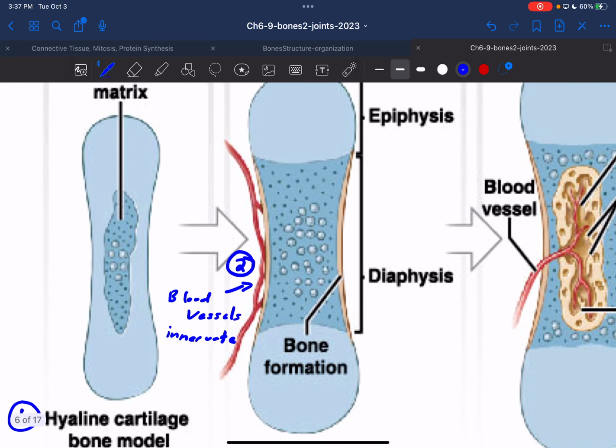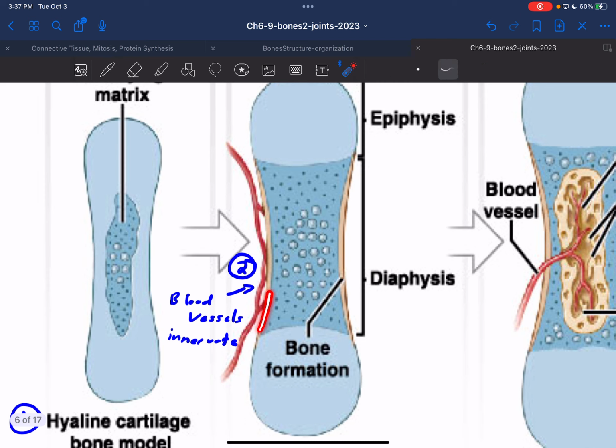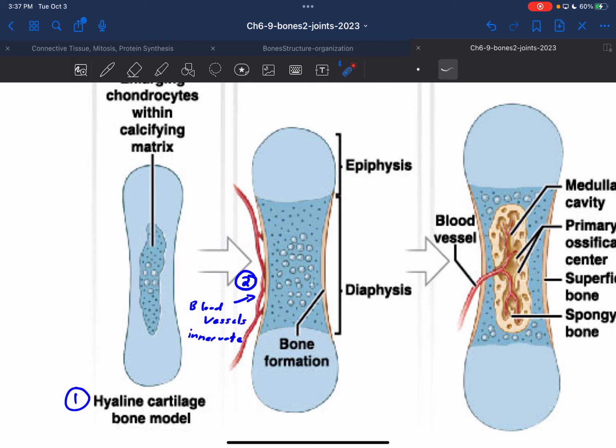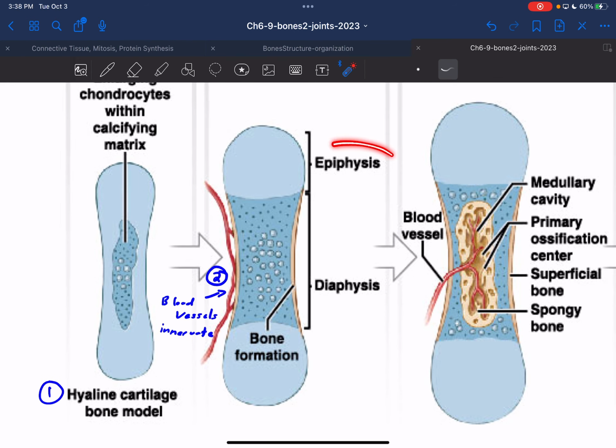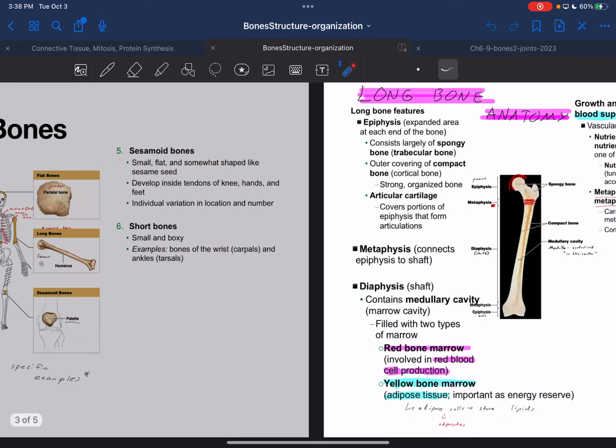And so it embeds itself onto these edges, and you can see that what follows is going to be ossification. You're going to already see that a little bit of that periosteum is already starting to form. And so you can see some more clearer regions, epiphyses, diaphyses. And again, let's do a quick reminder of what those are.